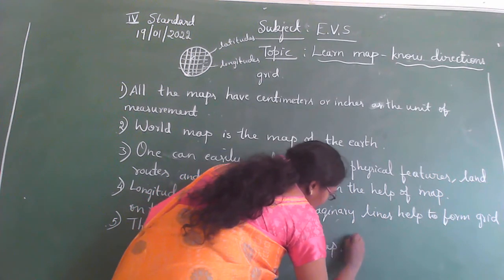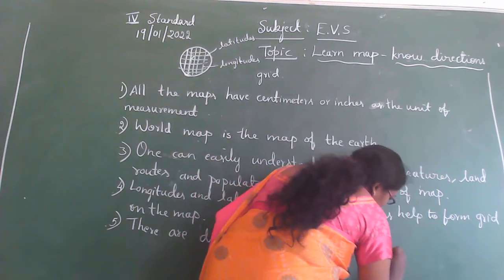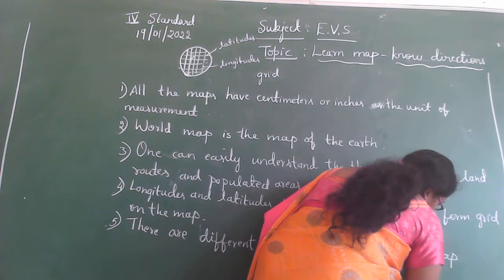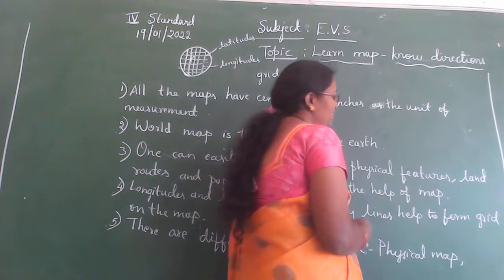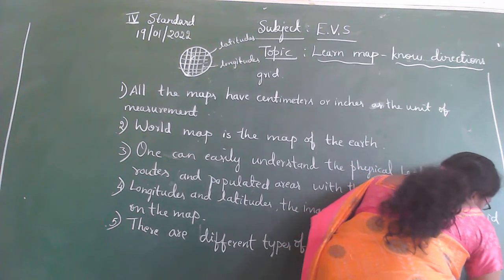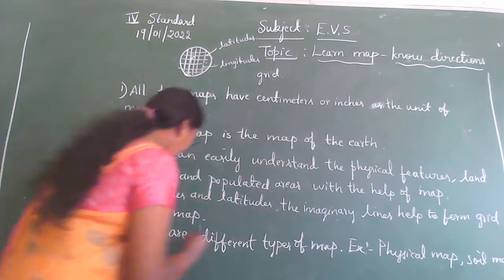For example, physical map. Another one is soil map. Next one is weather map.